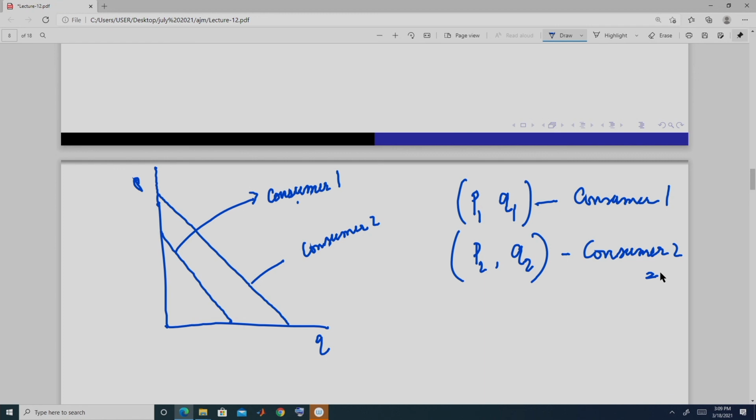When the consumers are buying, consumer 1 will always buy this bundle and consumer 2 will always buy that bundle. So the bundles are designed in such a way that each consumer buys the bundle meant for him or her. Now, how to do this?